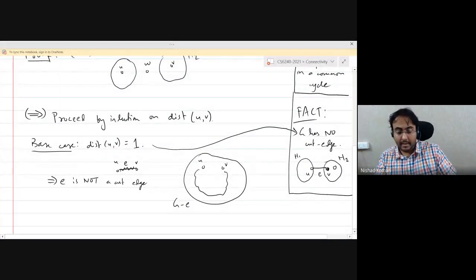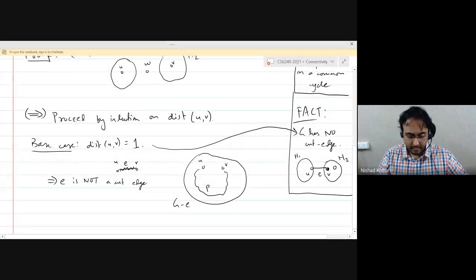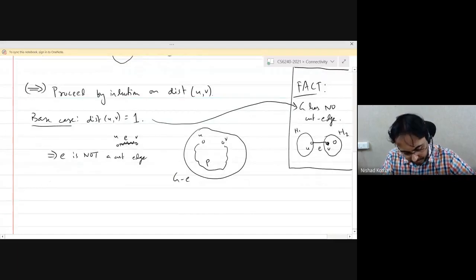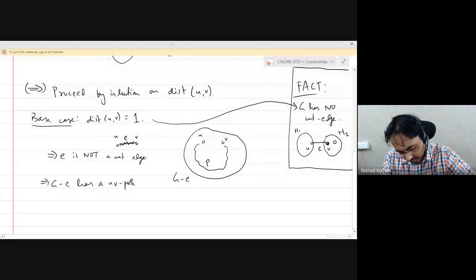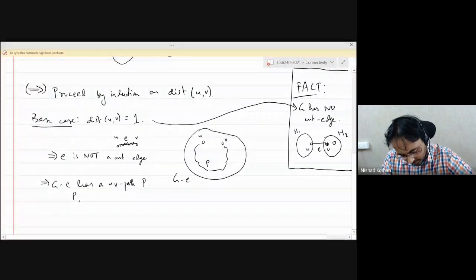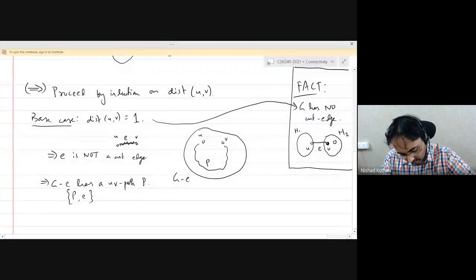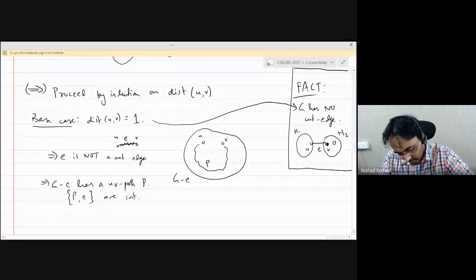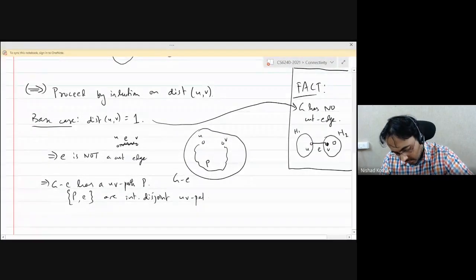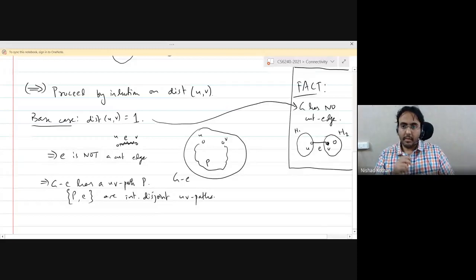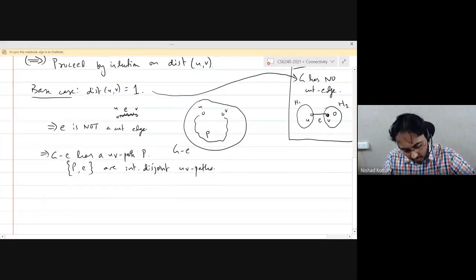E is one path, and the other path is P in G minus E. So G minus E has a UV path P, and now P and E are internally disjoint UV paths. Good. So now we go to the induction step.